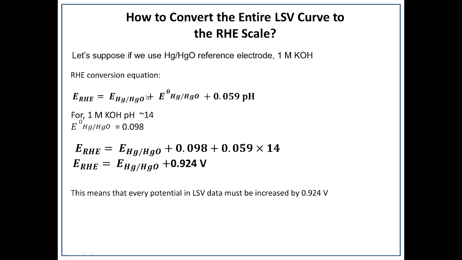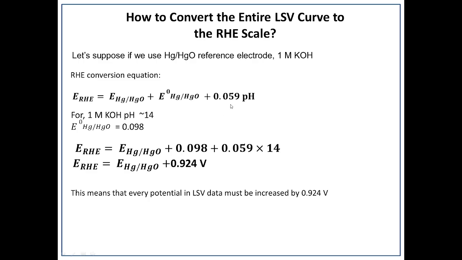E_HgO is the measured potential versus mercury oxide. This is the experimental potential measured using the mercury oxide reference electrode. E naught HgO is the standard electrode potential of mercury oxide. For 1 molar KOH, the pH is approximately 14.